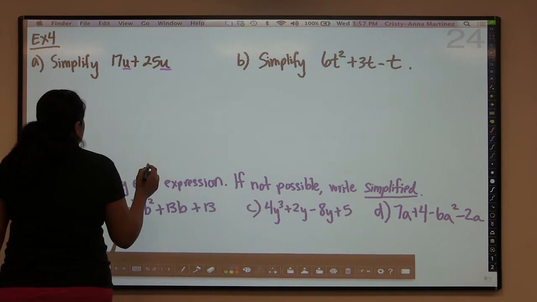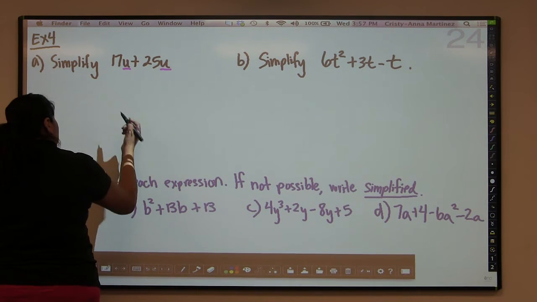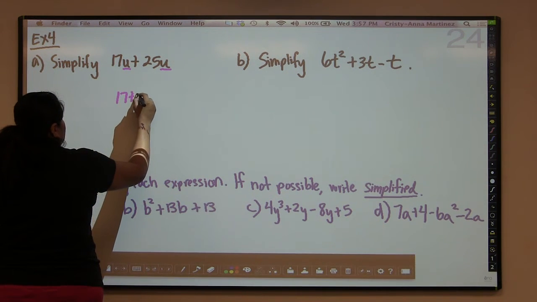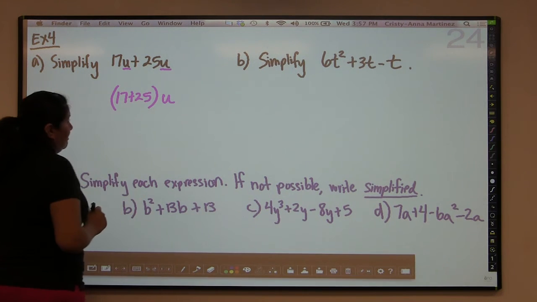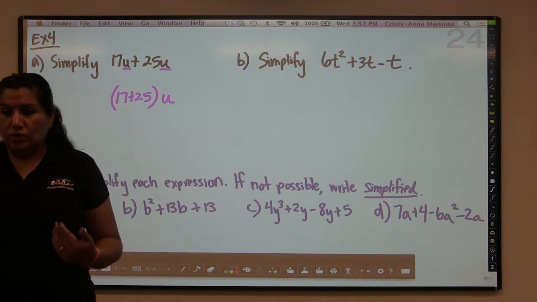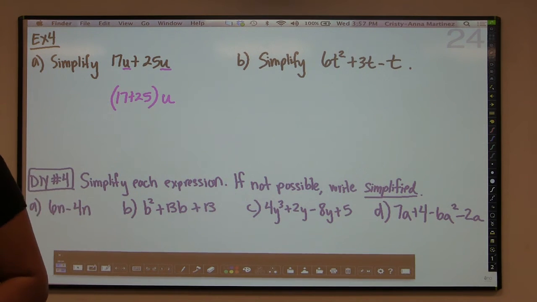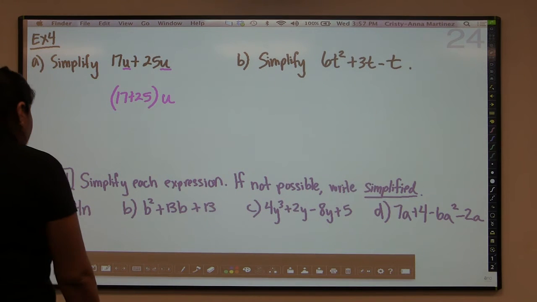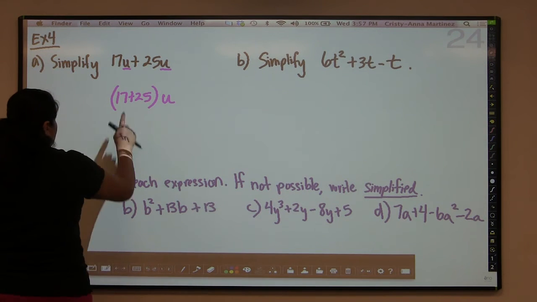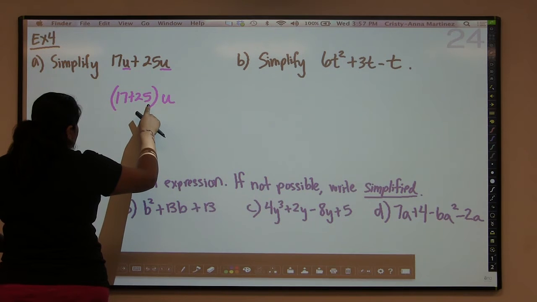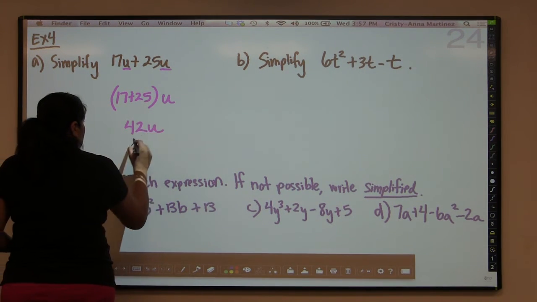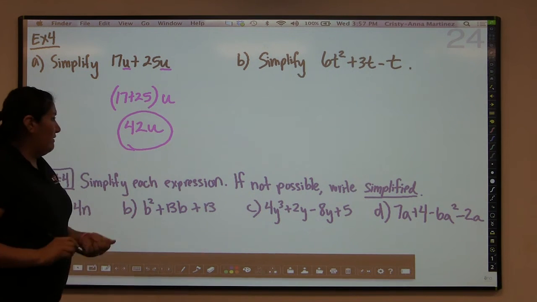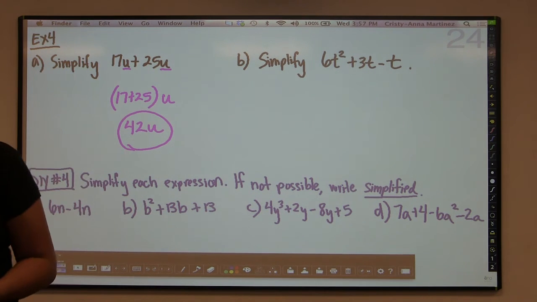So we can use the distributive property and go 17 plus 25 and then times the u. So it's almost like a backwards distribution, if you will. And so 17 plus 25 would be 42u, our final answer for part A.